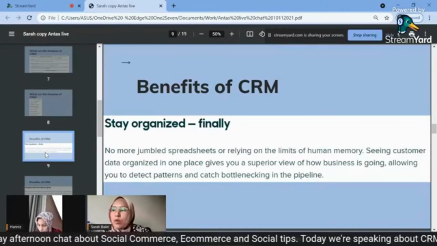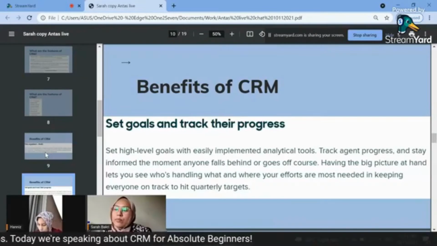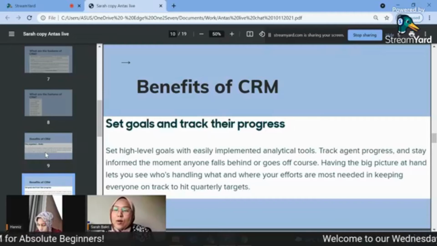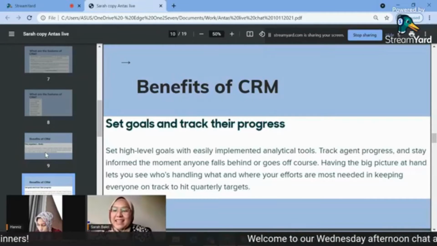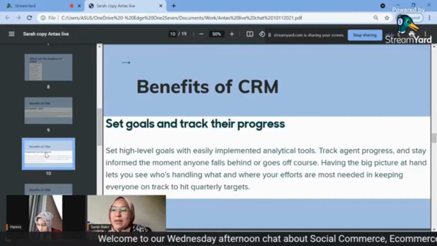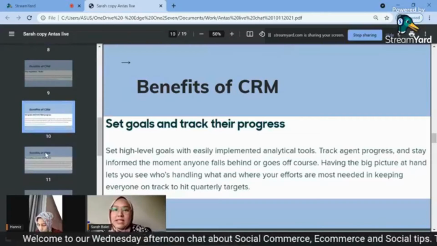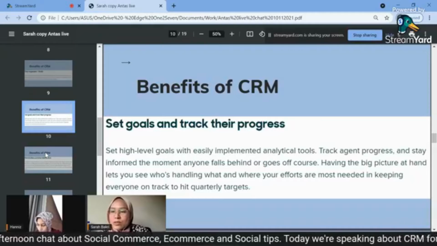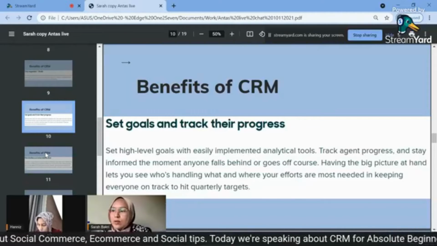Now you can be more organized because you have your data all stored nicely. You could also set goals and track progress using the analytics to see whether you have reached those goals, and then tweak along the way.